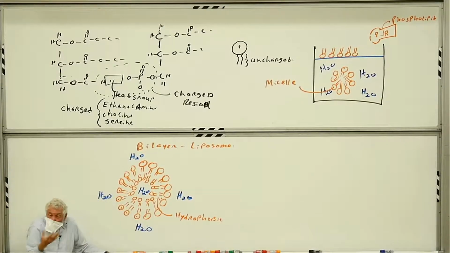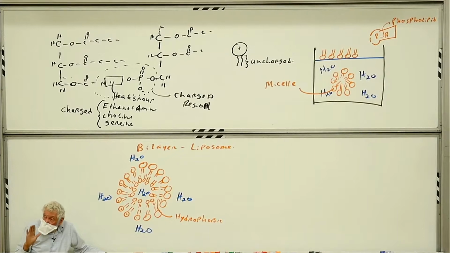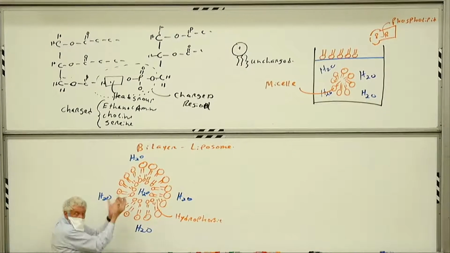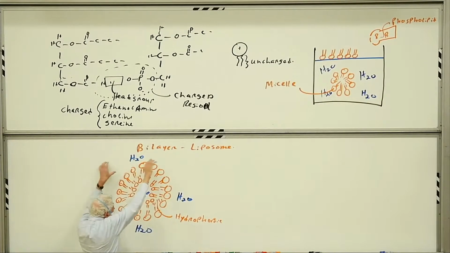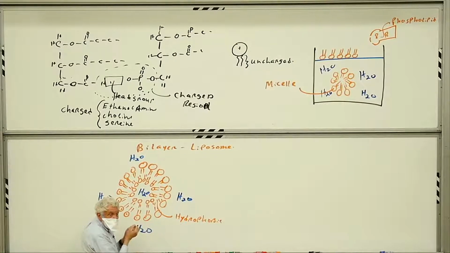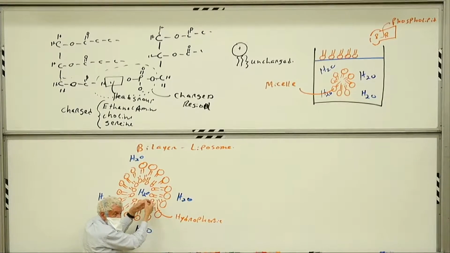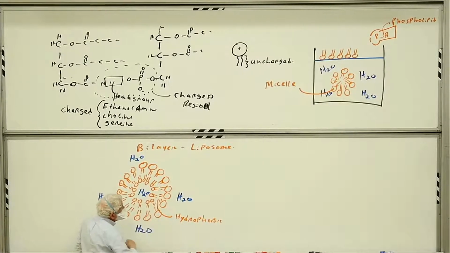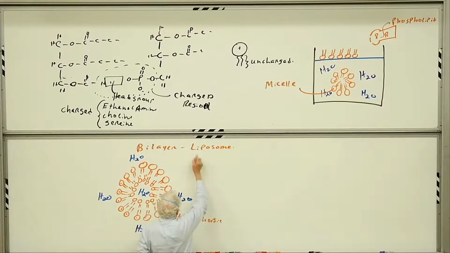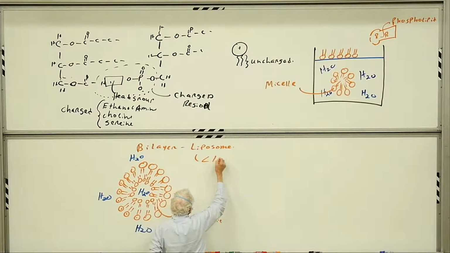And if you can imagine this in 3 dimensions, rather than my simple 2-dimensional drawing, you'd have a sphere. The outer shell of the sphere could face the water on the outside. The inner leaflet of that sphere, made of phospholipids, now could face a droplet of water on the inside. Now, typically these liposomes vary in size, but typically they're less than about 1 micrometer.